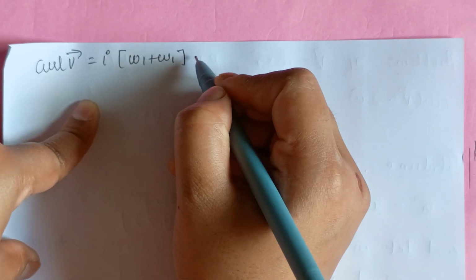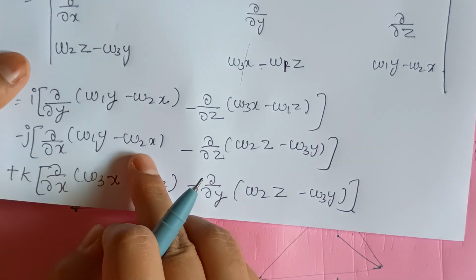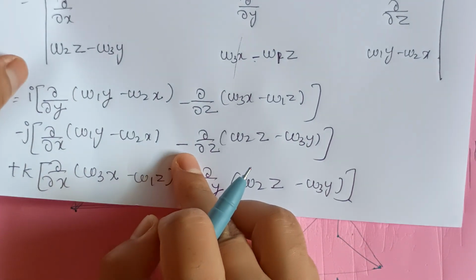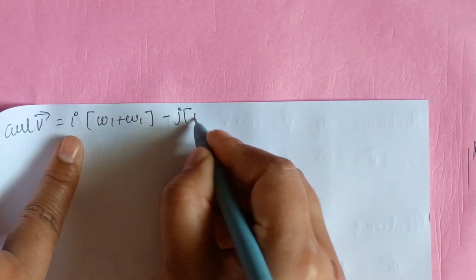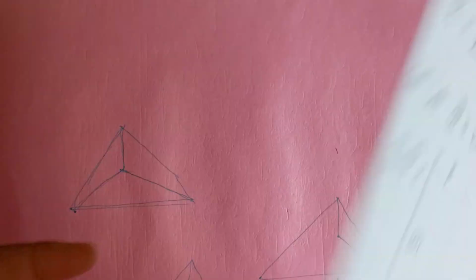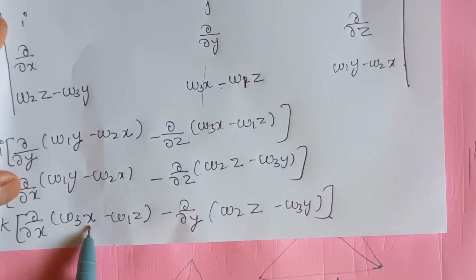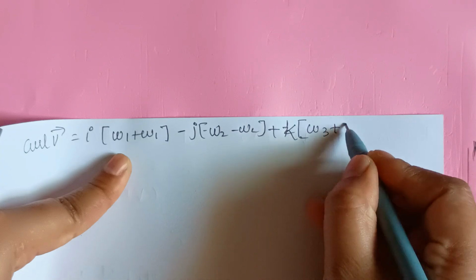Next, for j with the minus sign, differentiating with respect to x gives minus w2, and with respect to z also minus w2, and the remaining term is 0. So minus j times minus w2 plus w2 terms. For k, differentiating with respect to x gives w3, and with respect to y, minus into minus gives plus w3. So k times w3 plus w3.